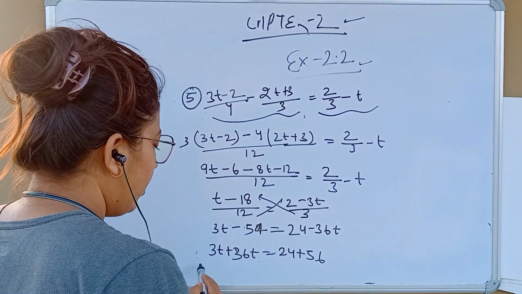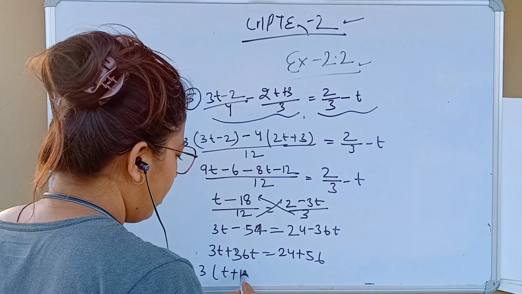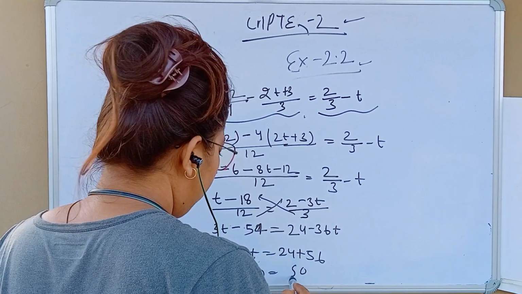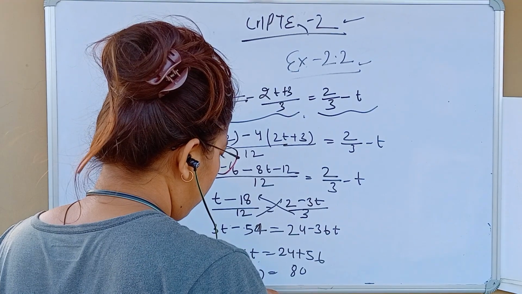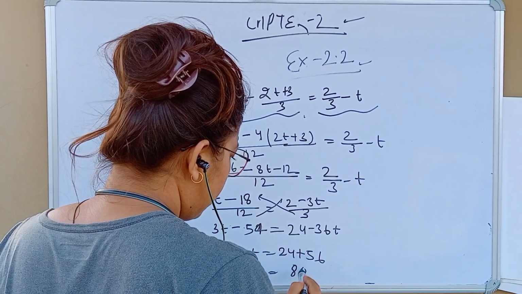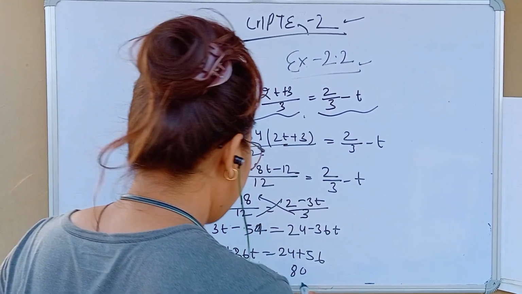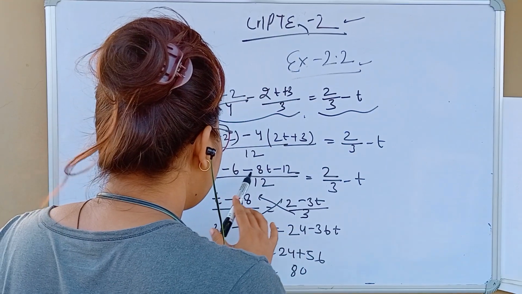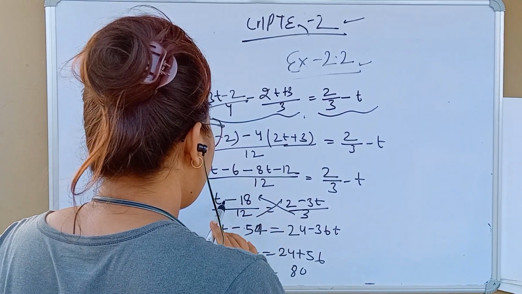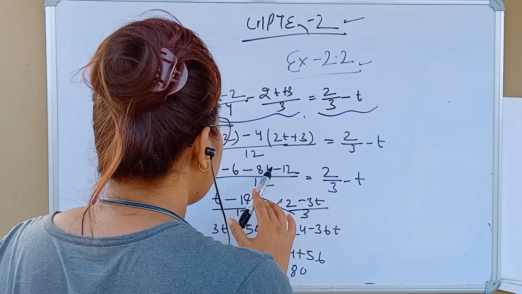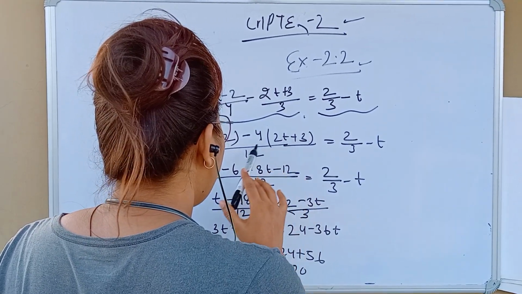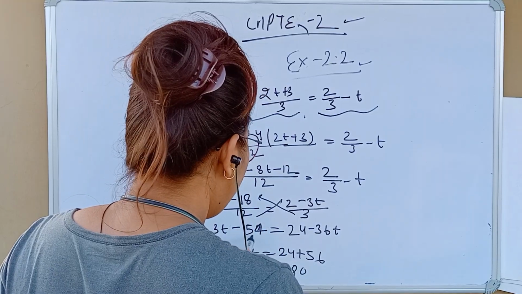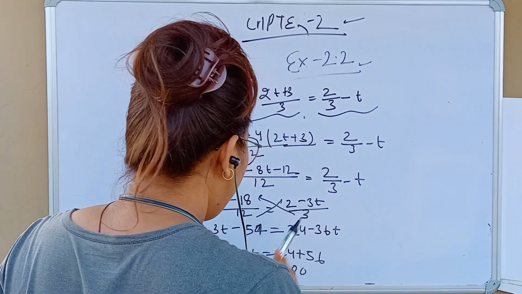If we take 3 common, we get the terms in t and the constants separately.